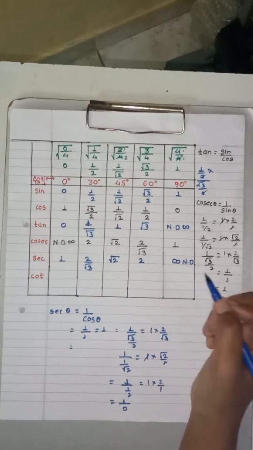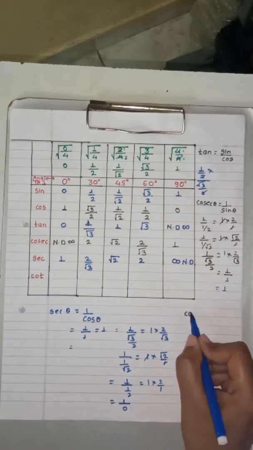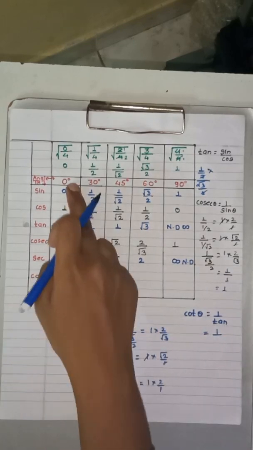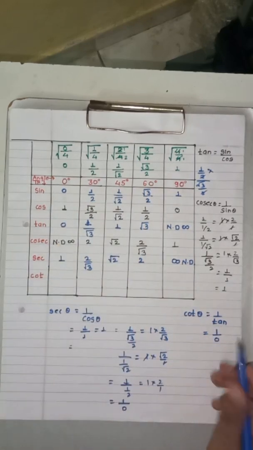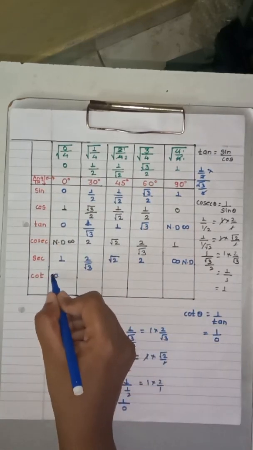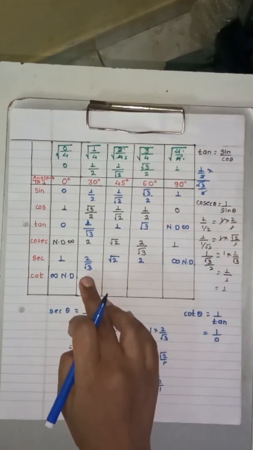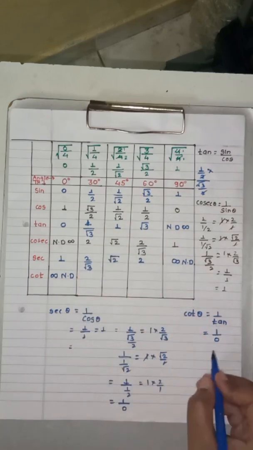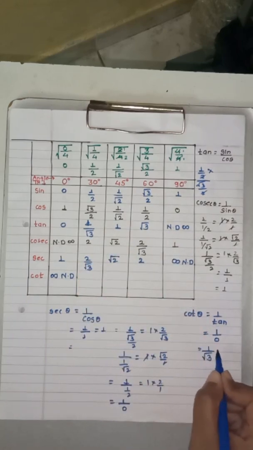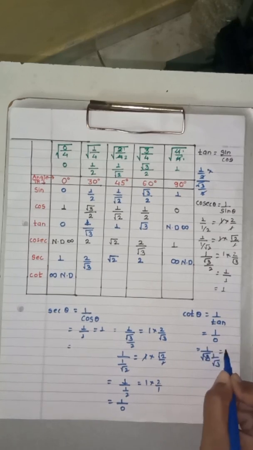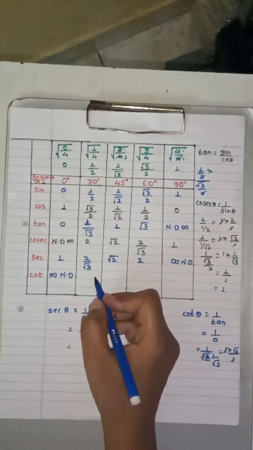Now cot theta. What is cot theta? That is 1 upon tan theta. So cot 0 degree is 1 upon tan 0, tan 0 is 0, that will be not defined, or you can write down here ND. After that cot 30, the value of tan 30 is 1 upon root 3, so 1 upon 1 upon root 3 is equal to 1 into root 3 upon 1, the 1s get cancelled and here you will have root 3.